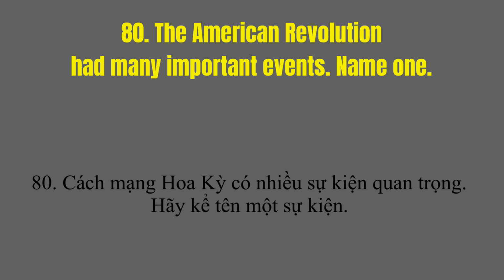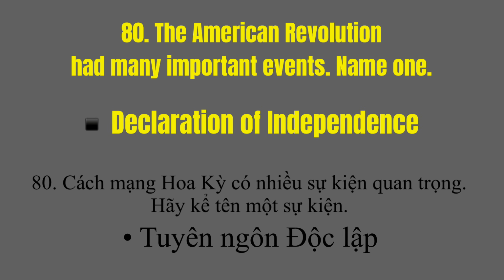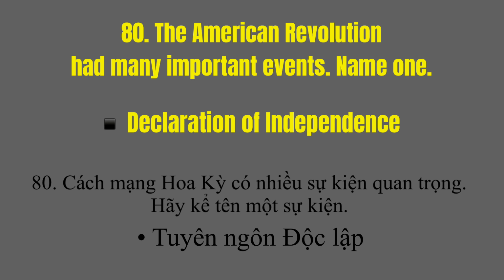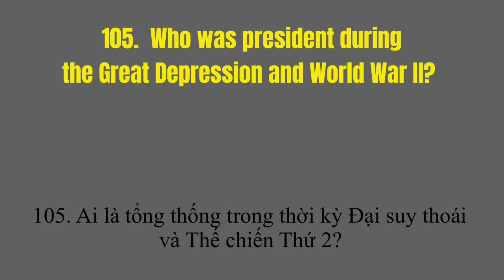The American Revolution had many important events. Name one. Declaration of Independence. Who was president during the Great Depression and World War II?